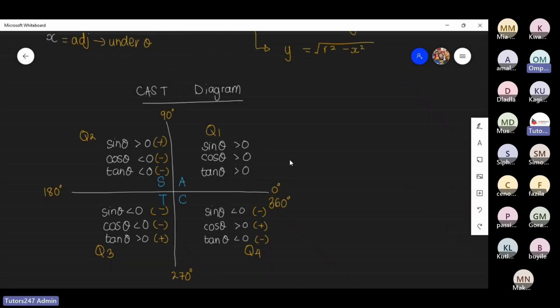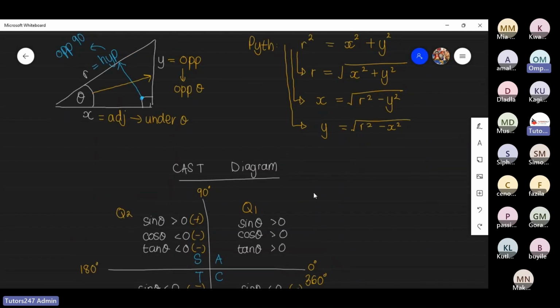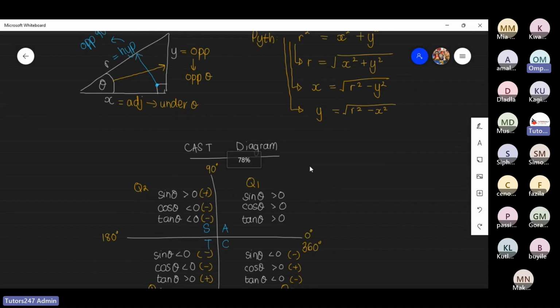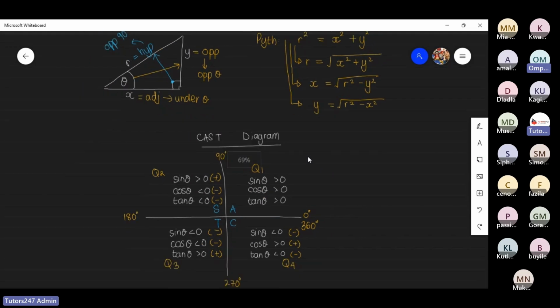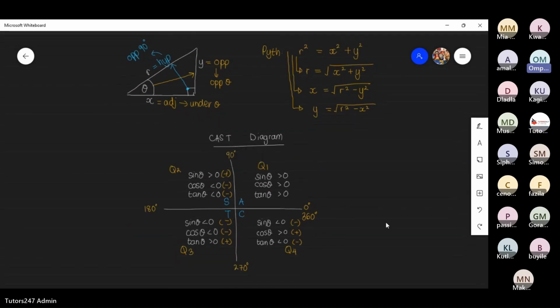Okay, so how they become positive and negative is based on the triangle that we did previously. So before we get to that, you need to understand the triangle. If you look at that triangle that I've drawn, that triangle is going to look different within each quadrant. The triangle that I've drawn up there only represents quadrant 1.